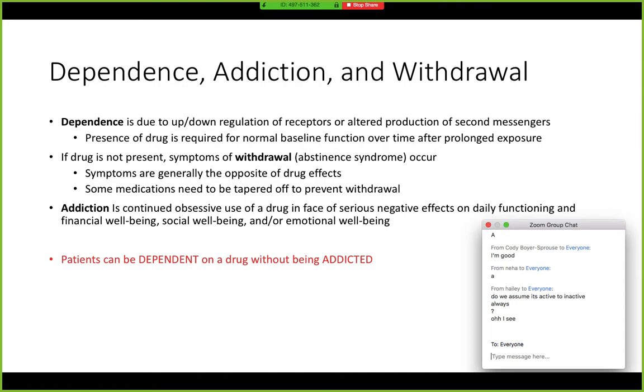So a cancer patient who is dependent on a drug for pain relief, it wouldn't be appropriate to say that they were addicted unless they're selling their fentanyl patches for money. So make sure you understand the difference there.